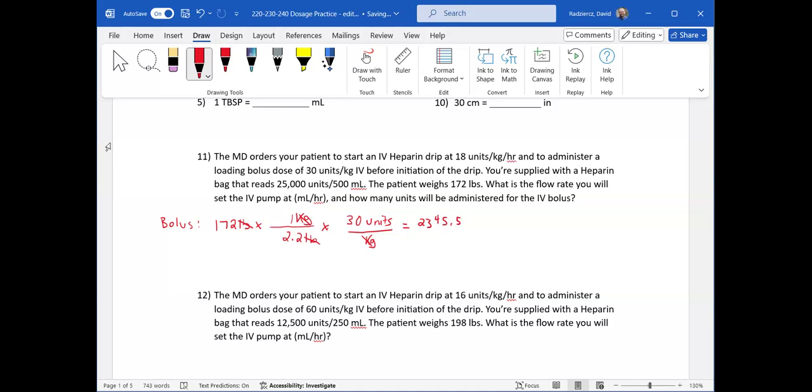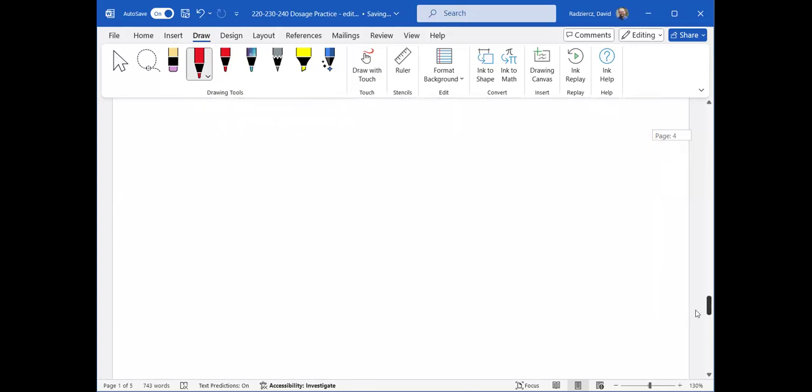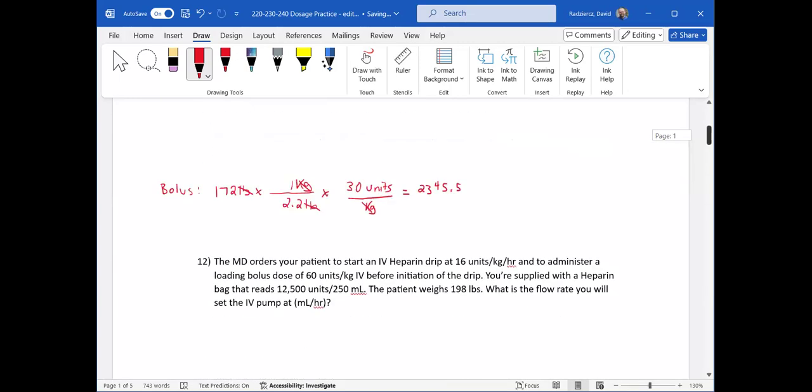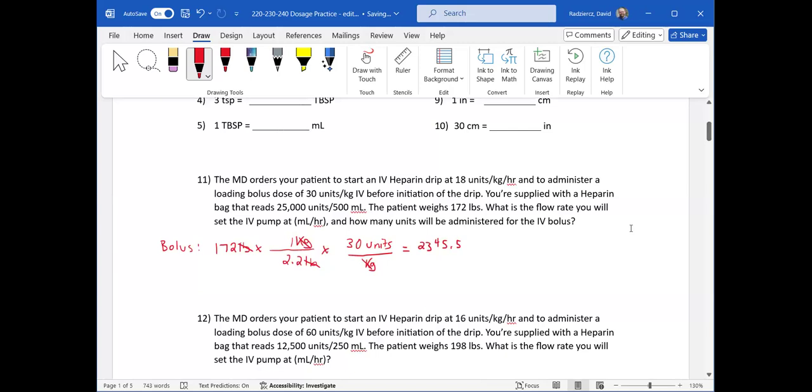And then I want to double check the answer key, just in case that's different. Question 11, they wrote 2346. I don't know who put together the key, but you might get 2346 if you round to the nearest tenth.